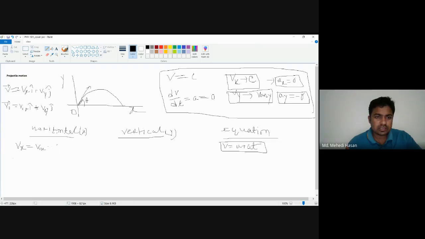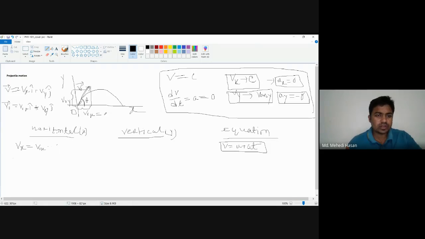If we consider this is the initial velocity v naught, and the angle produced with the positive x-axis is theta, then this component is called v naught x, and this component is called v naught y. Now, someone tell me what will be the value of v naught x?